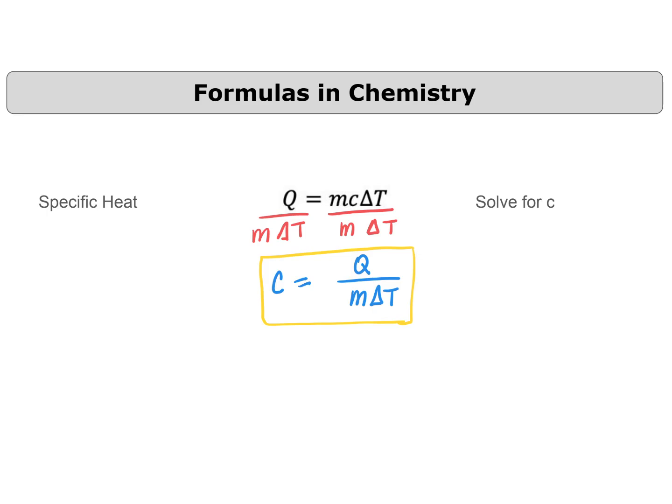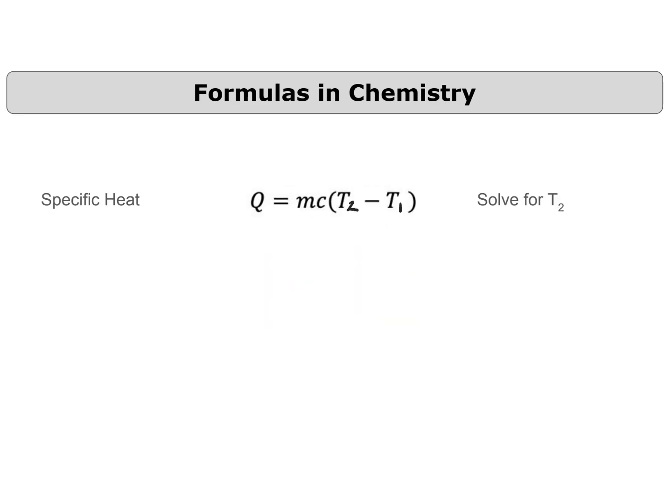We'll do one more specific heat problem. Here, instead of having delta T, we have T2 minus T1. Now remember, we have M, C, and what is inside the parenthesis are all factors. They're all multiplied together. So if we want to isolate that T2, then we could divide by M and C on both sides of the equal sign.